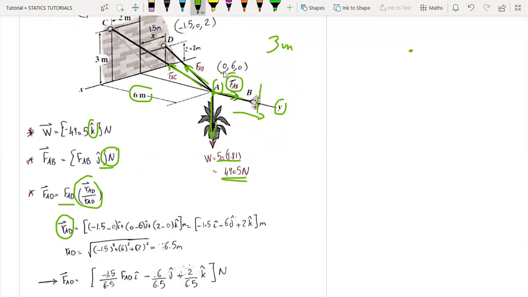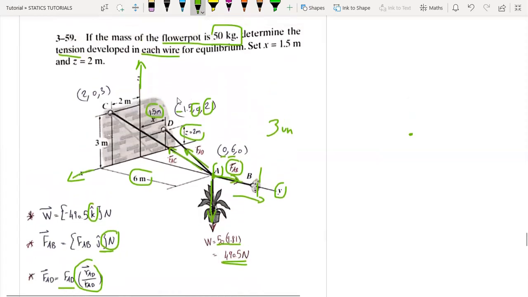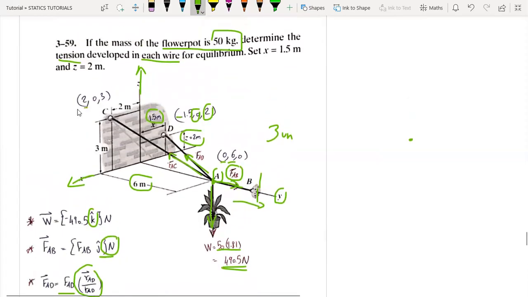Regarding point D, it will be 1.5 meters, but negative, because here is the positive, and 0 because it didn't move in the y direction, and 2 in the z direction, so positive 2. Regarding point C, it has moved 2 meters in the positive x direction, 0 meters in the y direction, and 3 meters in the z direction.